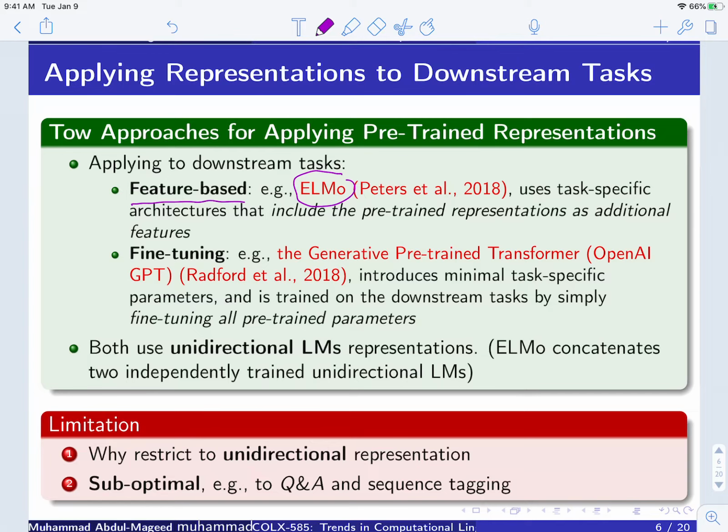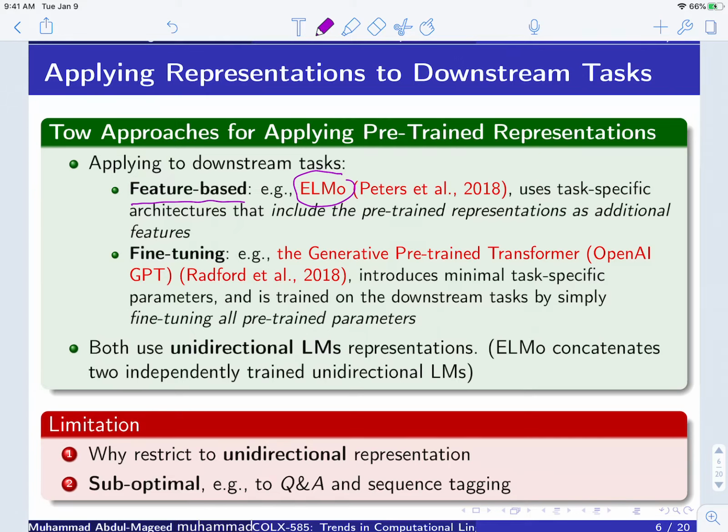Now, the idea here is that ELMo and BERT, for example, are models that try to learn a general representation of language, right? And then you use each of them on a downstream task. But in the case of ELMo, you train it, you get some representation, and then you take that representation and add it to a downstream task representation.